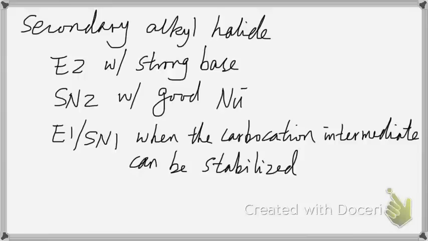It could undergo E1 or SN1 when the carbocation intermediate can be stabilized. Here, what I'm referring to is an allylic or benzylic carbocation that may be formed. In that case, it could be a unimolecular reaction. Okay?